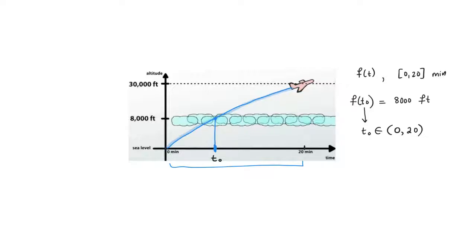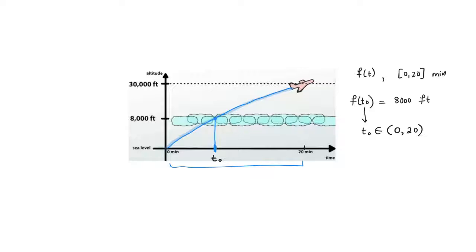So that's why I am emphasizing this by putting soft brackets around 0 and 20: t sub 0 is not going to be an endpoint of the interval. It is going to be somewhere between 0 minutes and 20 minutes.